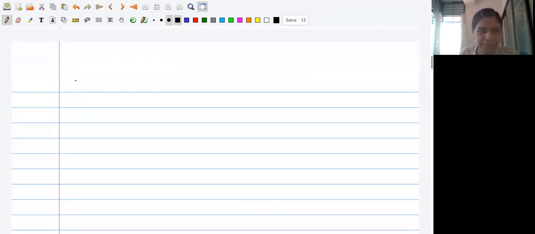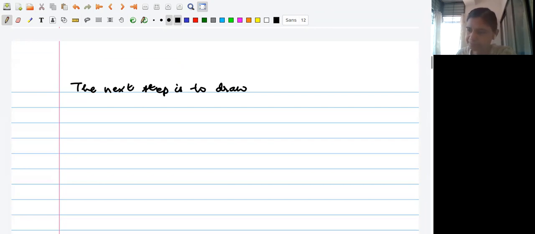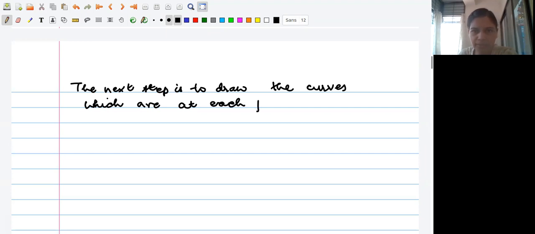So the next step is to draw the curves which are at each point tangent to the line segment at that point.